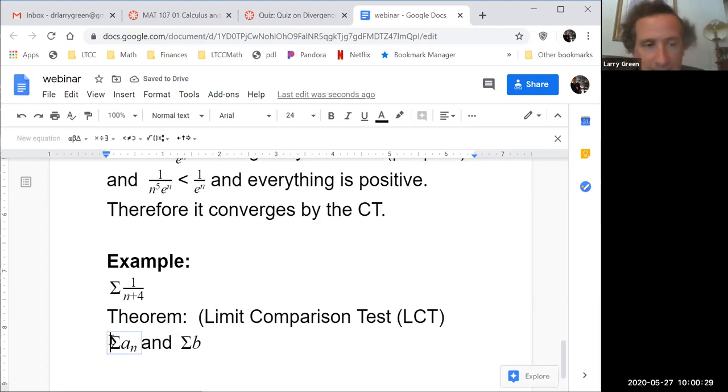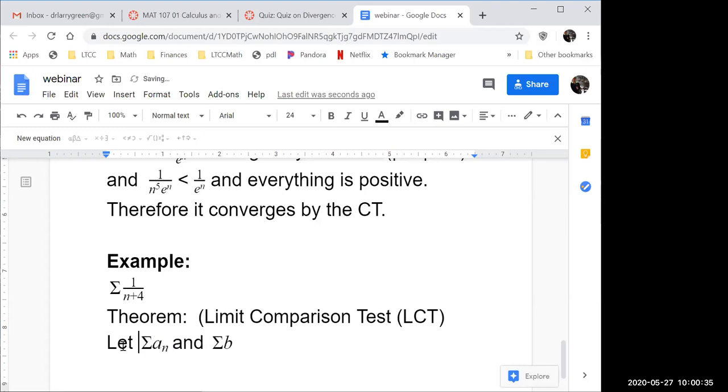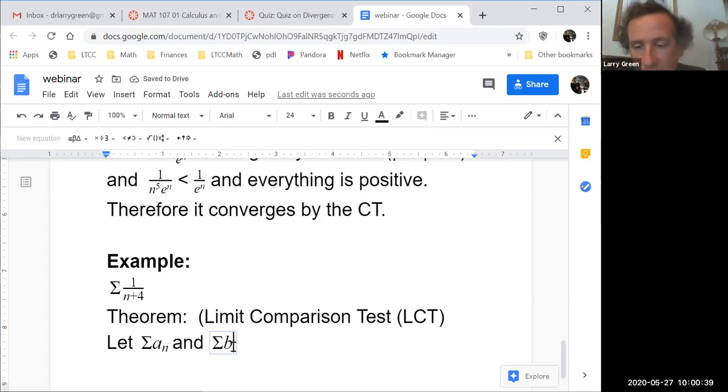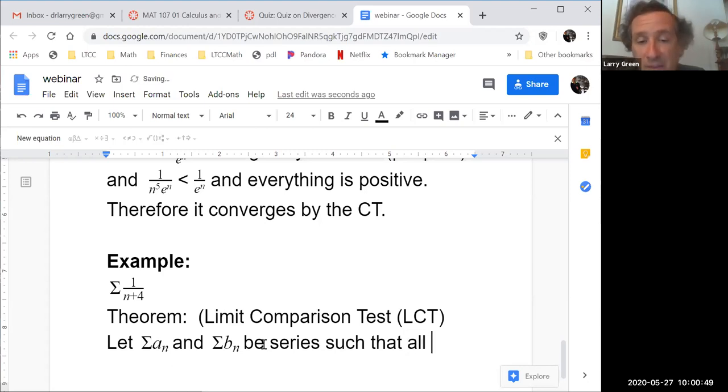I should probably say let an and bn be series such that all terms are positive. We always want to look at positives. That helps.